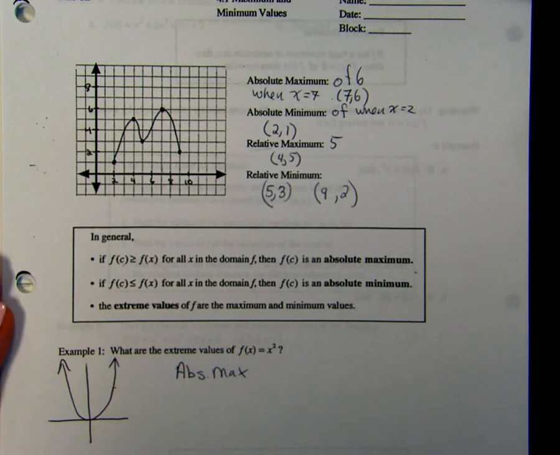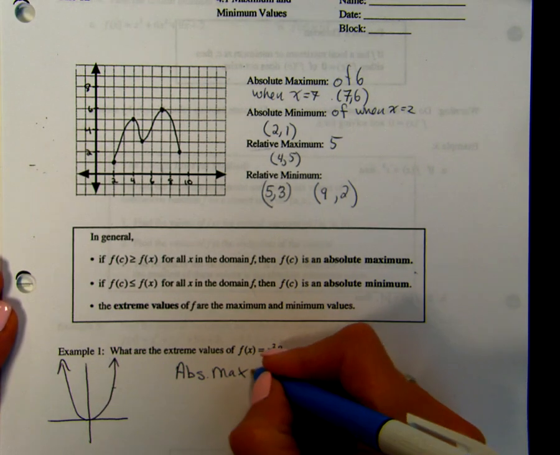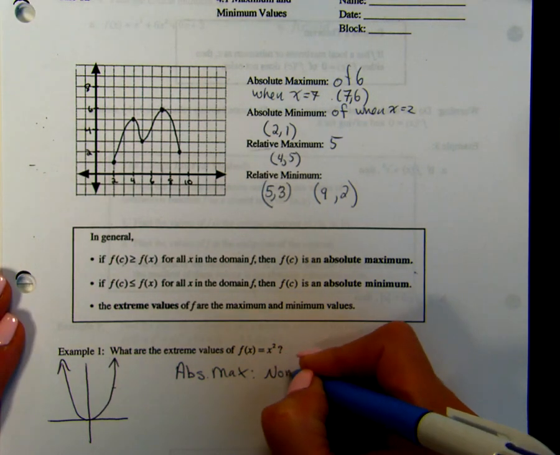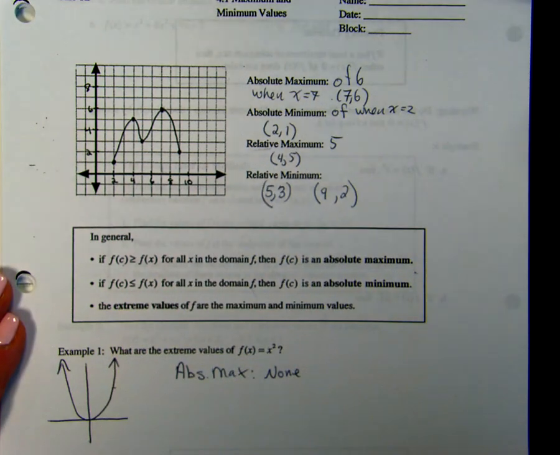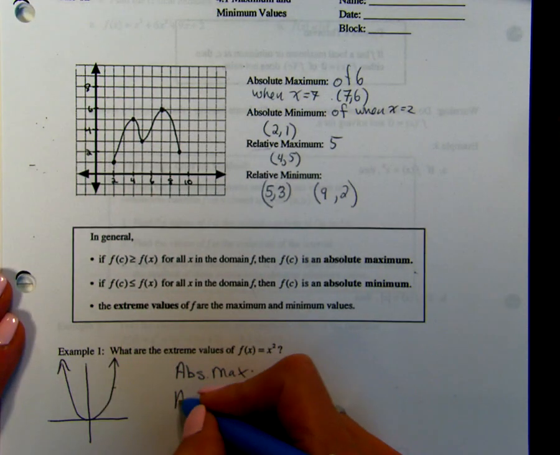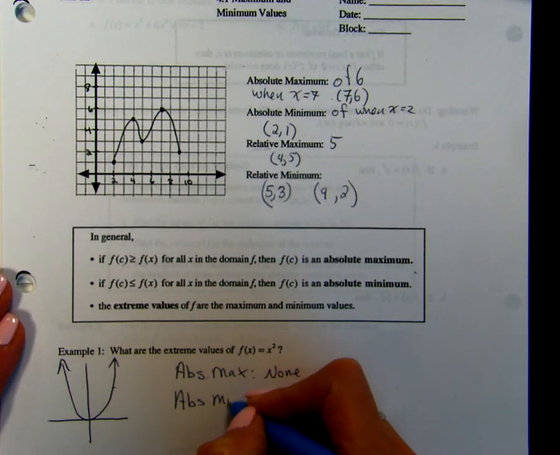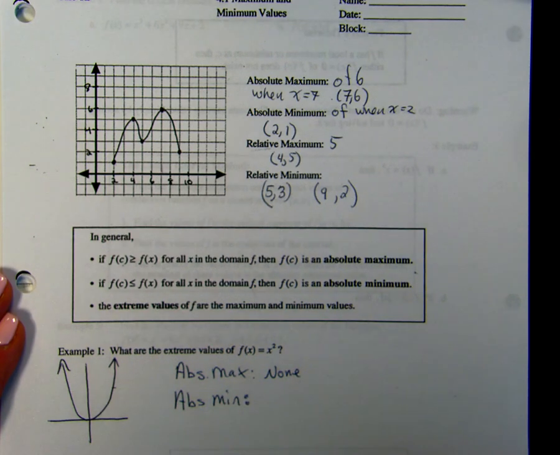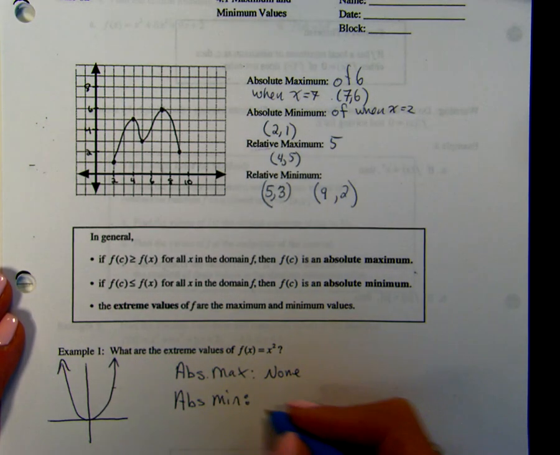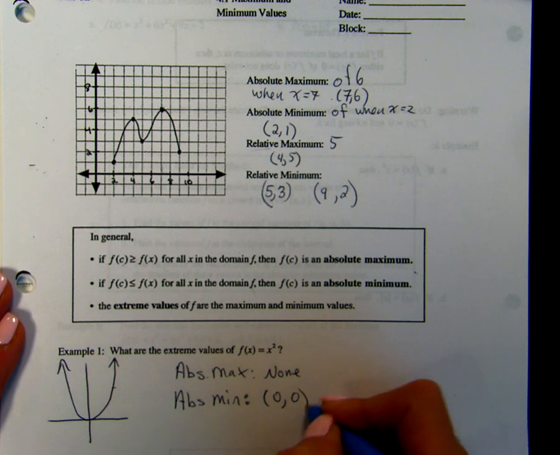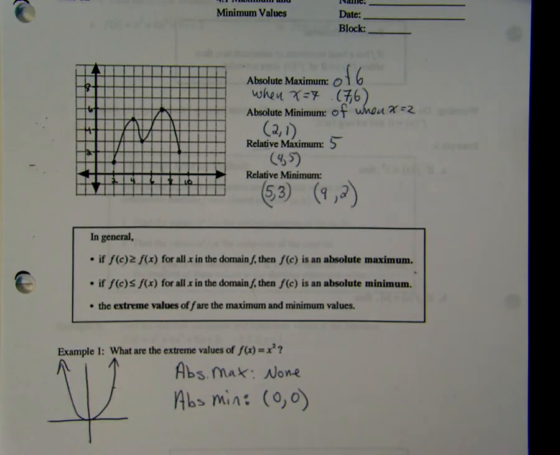Is there a y value that nothing can get bigger than? No. Okay, so there is none. Why not? Because this increases without bound. What about an absolute min? Is there a smallest y value? Yeah, 0. And it happens when x is 0.